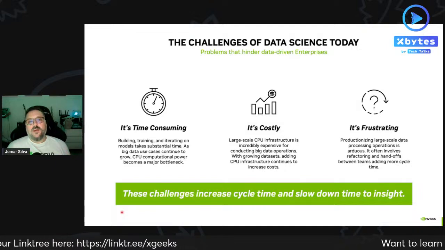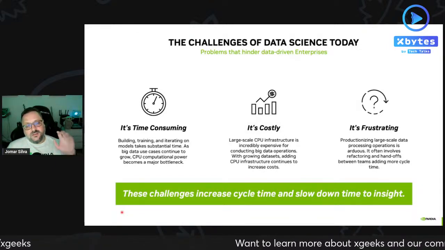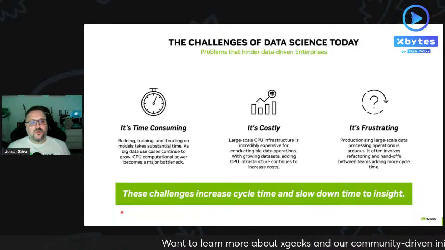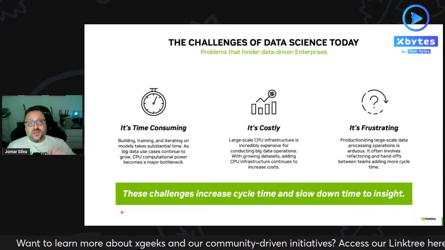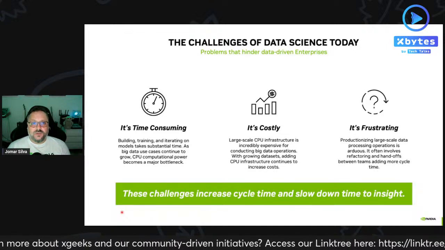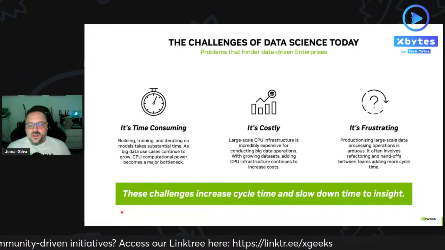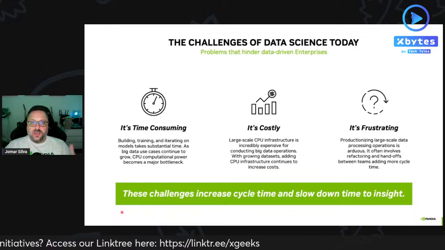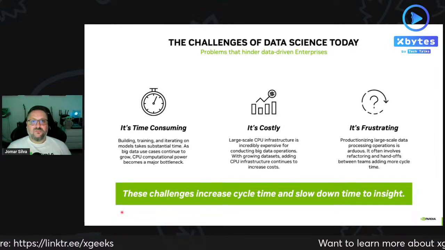And we developed RAPIDS to address those three issues. First, data science and data manipulation, when the volume is huge, is time consuming. It's associated with costs, not only hardware costs, but also people costs, because sometimes as a developer you put a network or a machine learning model to train, and you need to wait 10 hours, 15 hours.